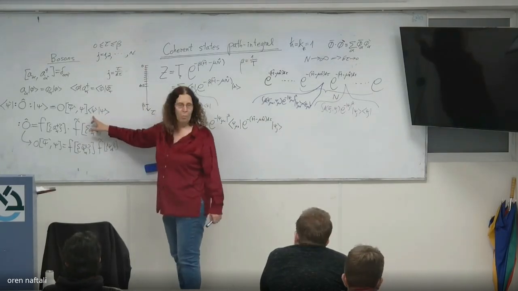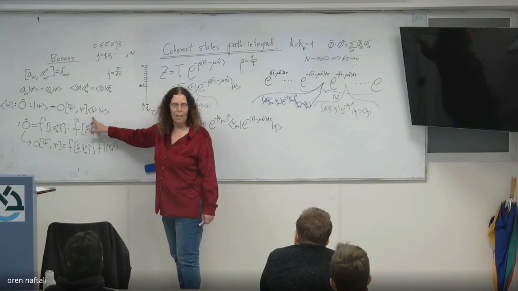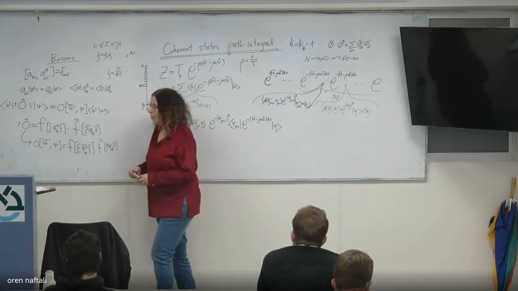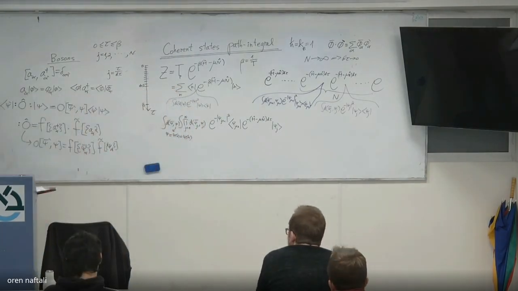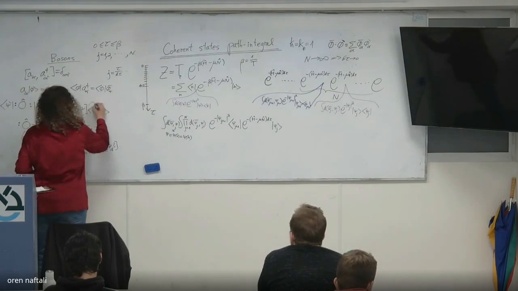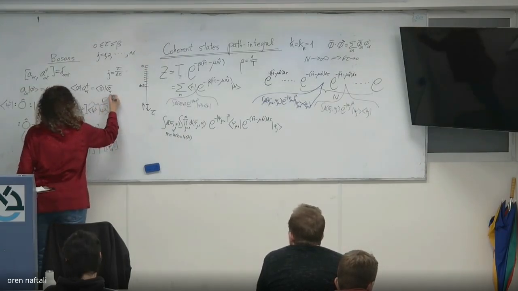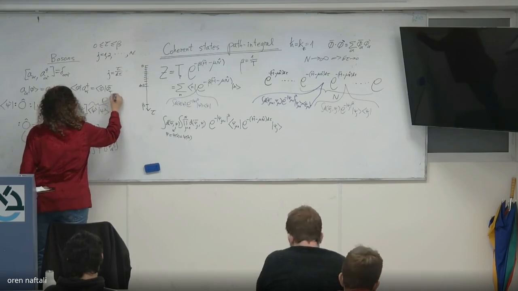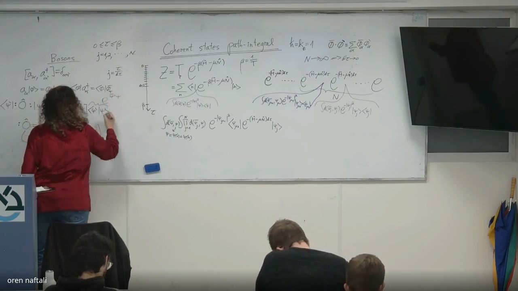But we know this inner product, right? We know explicitly how to write it. This is what we showed before. This is e to the psi prime bar psi, right?